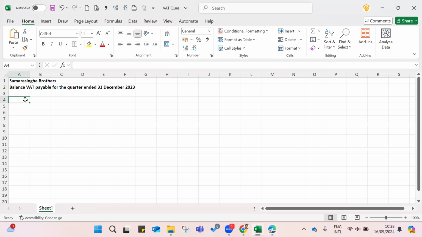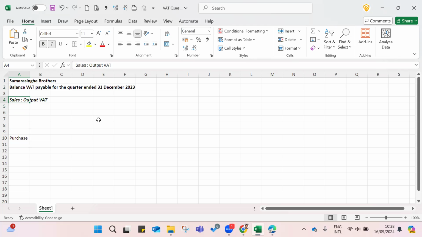Then as you are aware, the company has two parts, sales and purchases, right? For sales, you will have output tax. Since you are familiar with the VAT name, I will put output VAT.